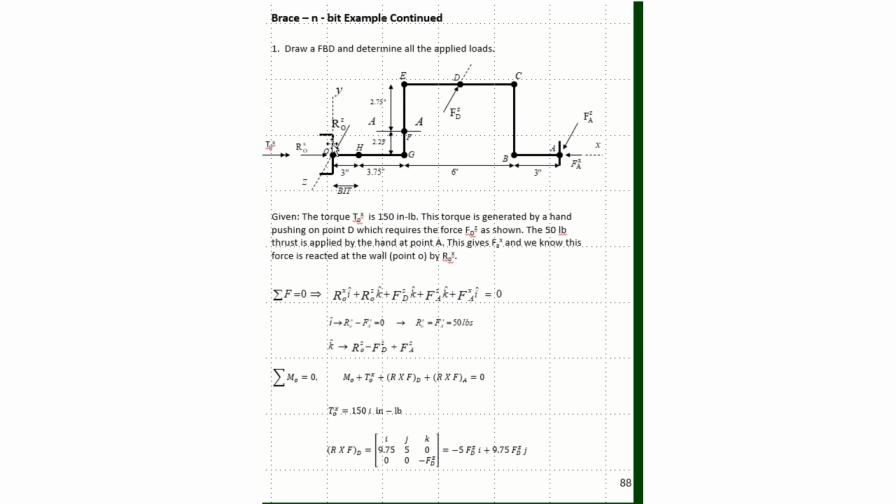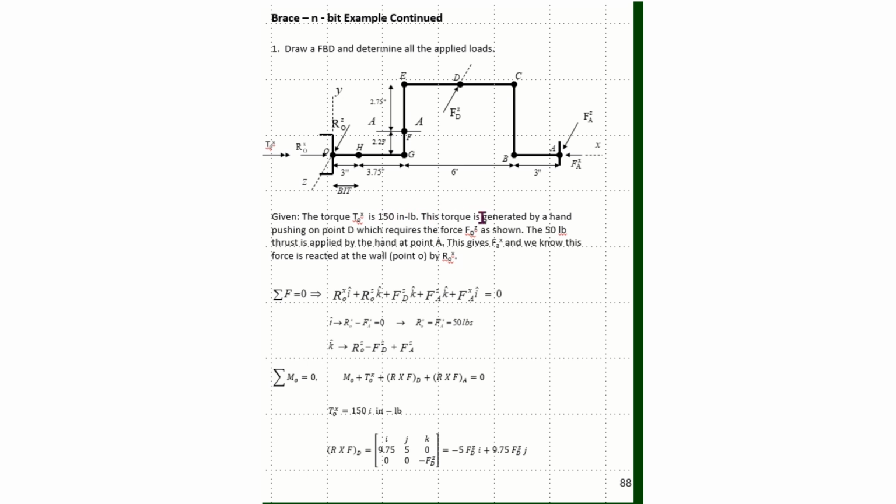So back here at the wall, we're going to have a torque of 150 inch-pounds, and I've noted that as TO, the torque at point O, in the X direction. And it is positive with our thumb going in the positive X direction, and its magnitude is 150 inch-pounds.